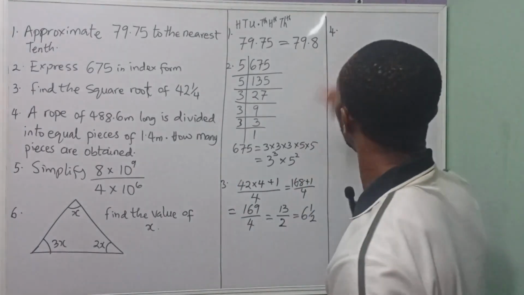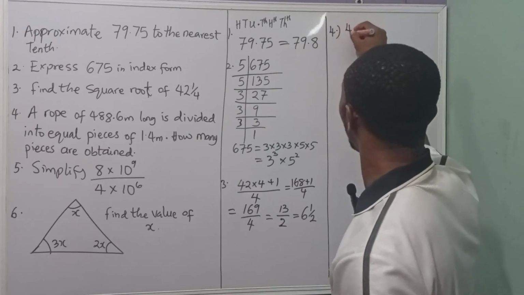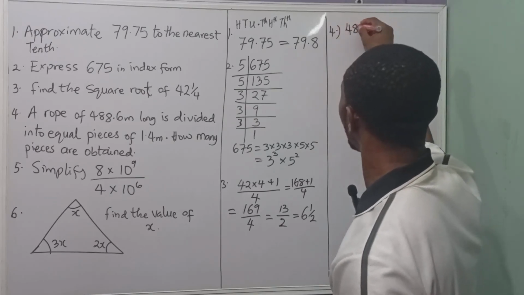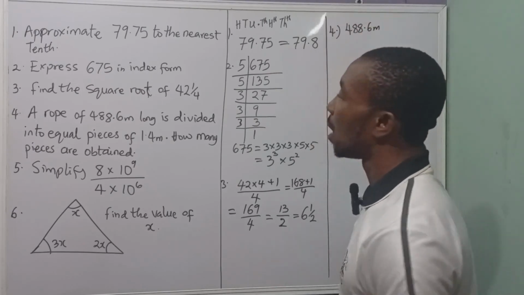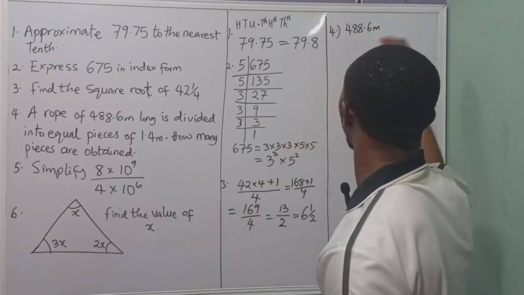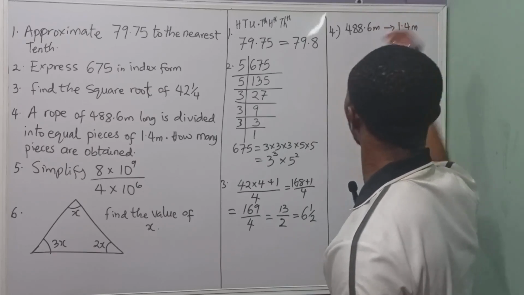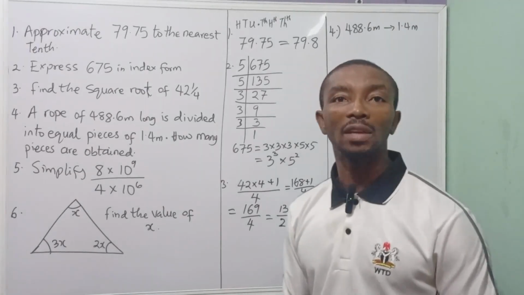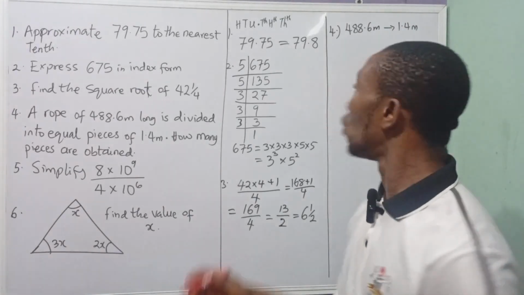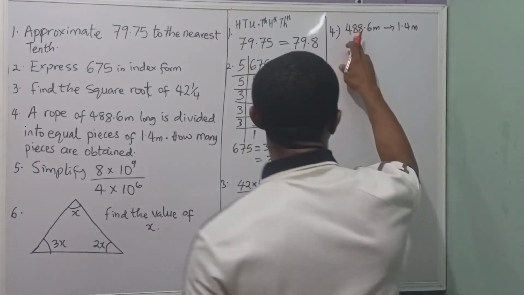So our total length of the rope is 488.6 meters, and each piece cut out was 1.4 meters. For us to find the number of pieces obtained, we will divide.